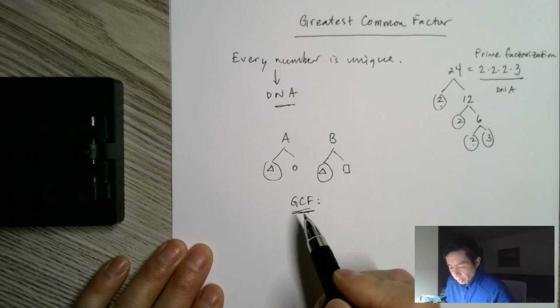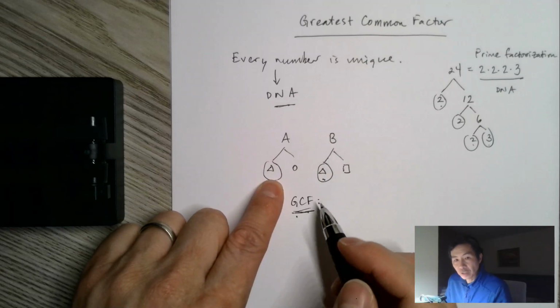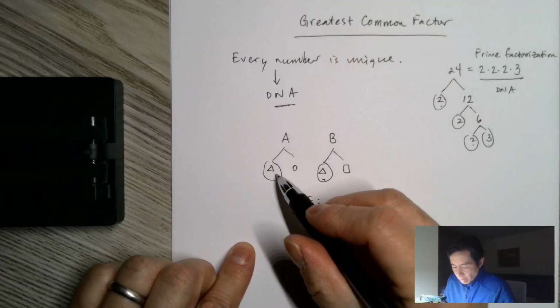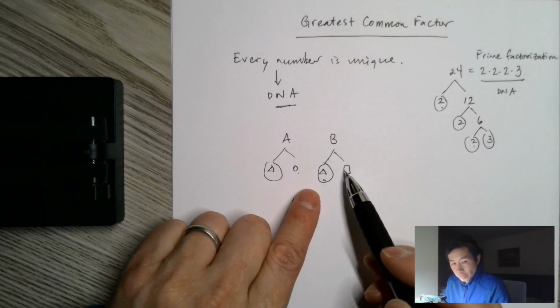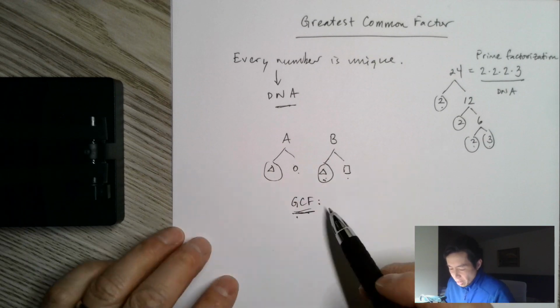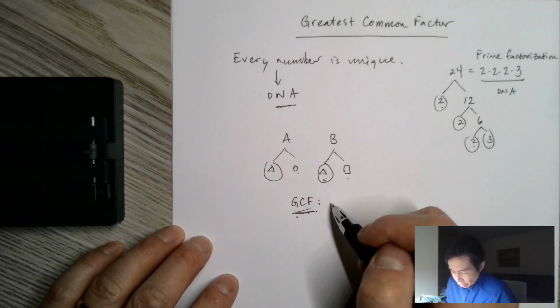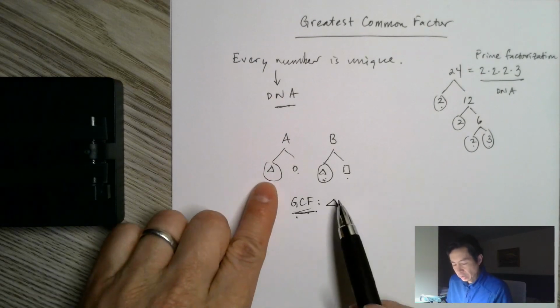It's a clone of the common DNA from A and B. It's an exact copy. So if the prime factorization of A is triangle and circle, and the factorization of B is triangle square, guess what? The GCF of A and B is triangle. It is the exact same triangle that exists in A and B.